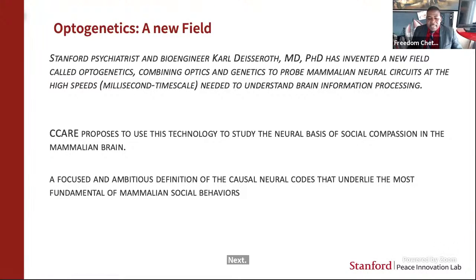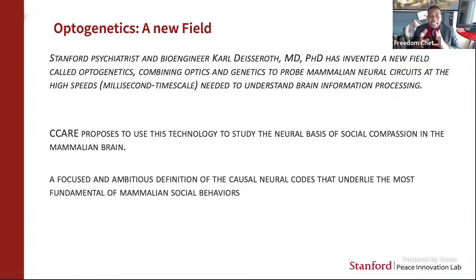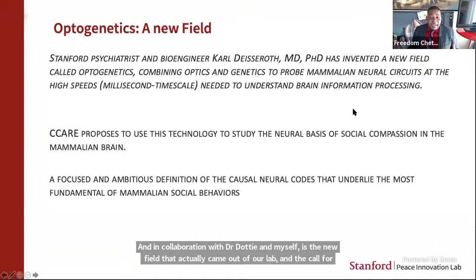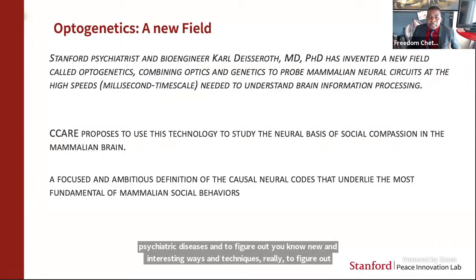The goal was to think of new ways to look at the enormous efforts of clinicians and researchers to expand their insights into psychiatric disease, and to figure out new and interesting techniques to understand what's going on in the complex mammalian brain. So what we're proposing here is to use this optogenetics technology to study the mammalian brain from the perspective of compassion itself.